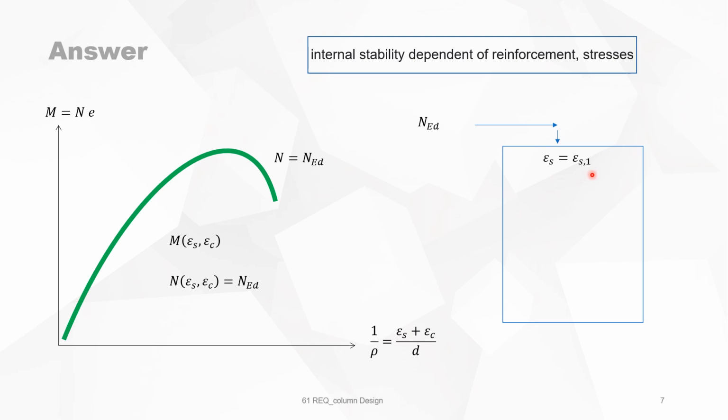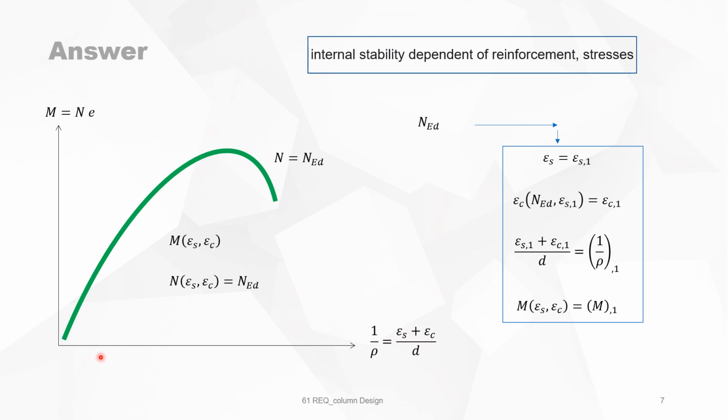Take it for your first point, you calculate the corresponding concrete strain in function of NED and epsilon S1 chosen, and you find epsilon C1, the strain in the concrete for the first iteration. Then you can calculate the curvature as a first iteration. It's 1 over rho. And when you have the curvature, you can calculate the bending moment.